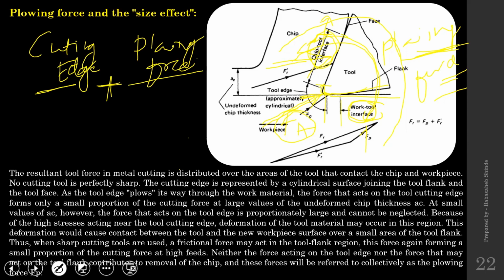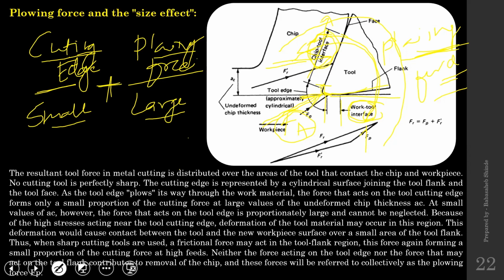Now the force acting on this cutting edge is very small compared to this plowing force. So get the difference between those two. The force acting on the cutting edge is very small, whereas this plowing force holds the maximum proportion of the total force acting on the cutting tool, and that is going to be a large one.